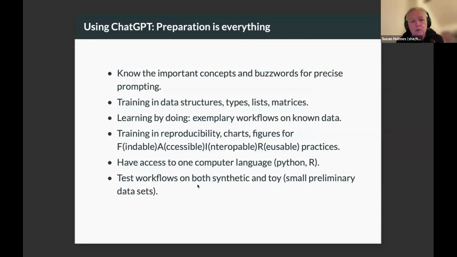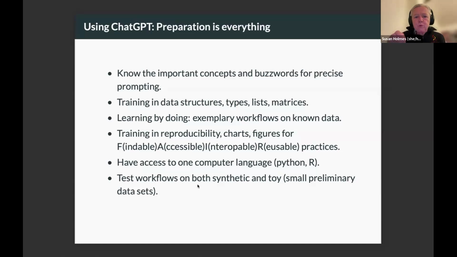So I use ChatGPT, and in some sense, there are ways of using it really well. And one is that buzzwords are really important. The words that you use are going to help ChatGPT find the part of the embedding which is relevant to you. So you have to say, what are you doing?